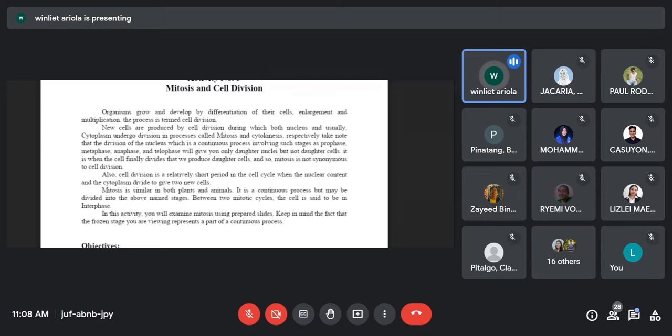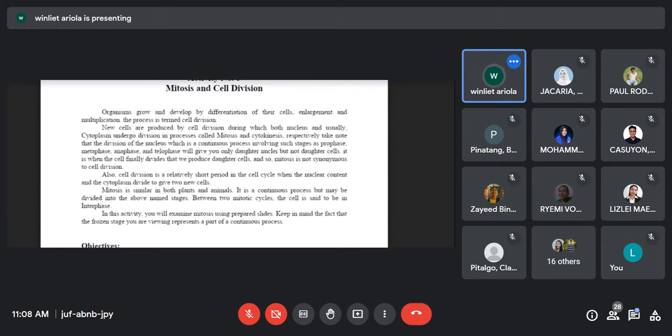But this mitosis, these different stages of mitosis, the PMAT, the result is only daughter nuclei but not daughter cells. Kapag nasa cell division, nasa end na of cell division, it is the time kung kailan nagkakaroon tayo ng daughter cells.